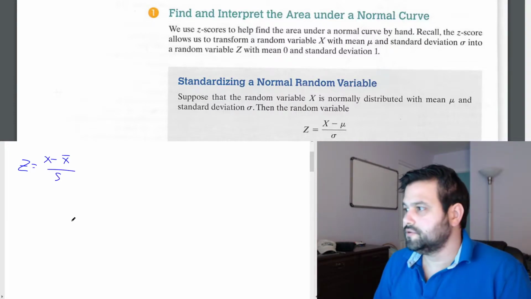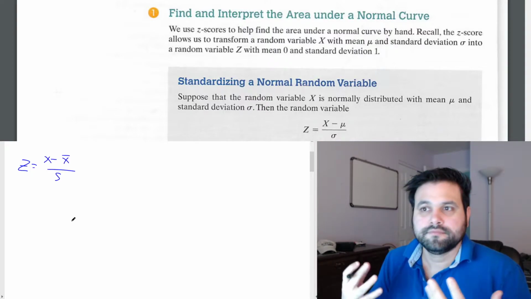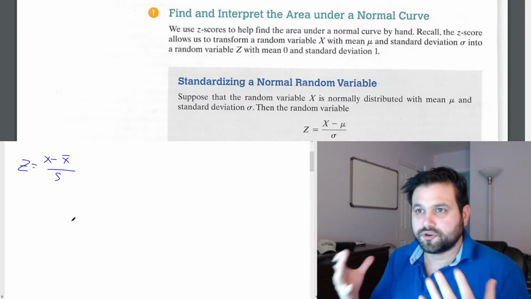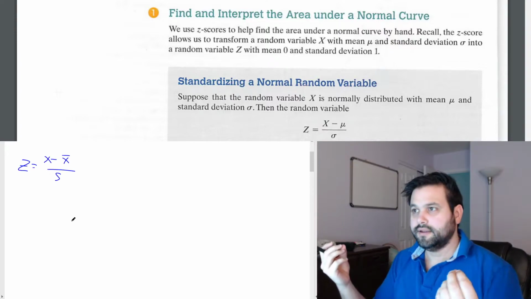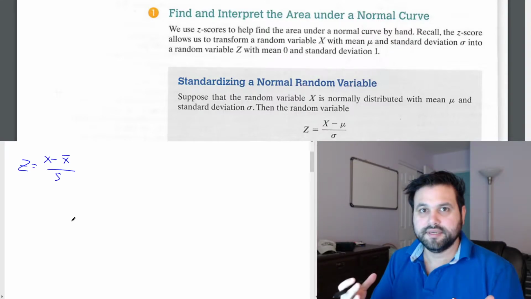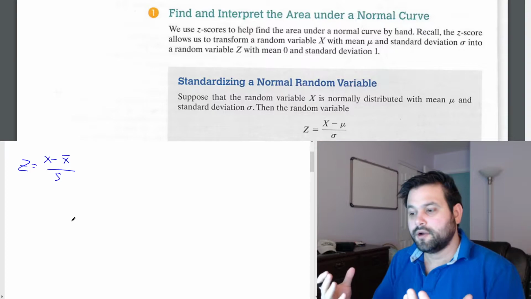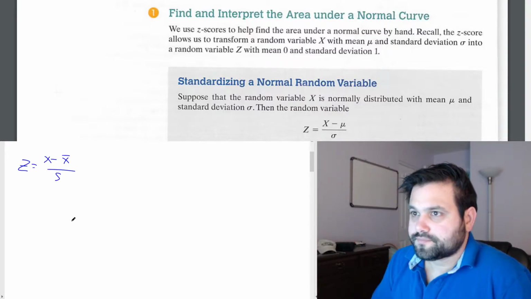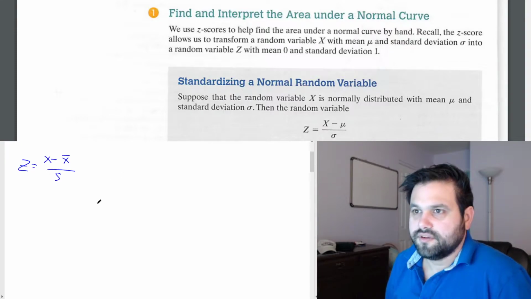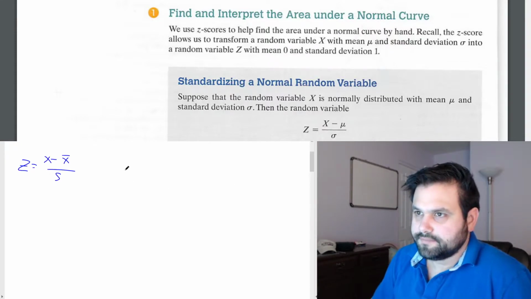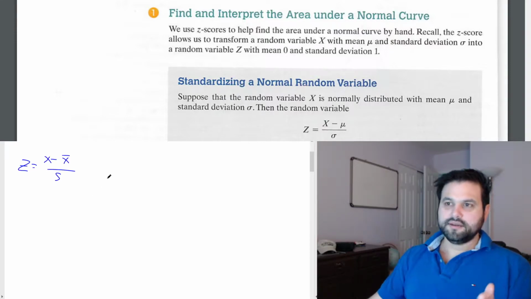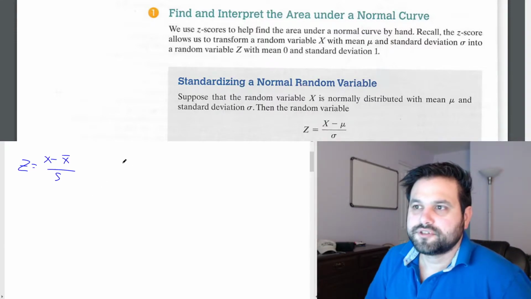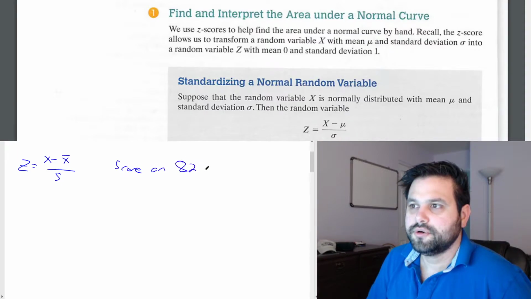Okay, that's what we used to talk about some sort of sample and how far away is a certain value. We used it to compare distributions. So for example, I think we saw an example where we said, maybe you score an 82 on a stats test.